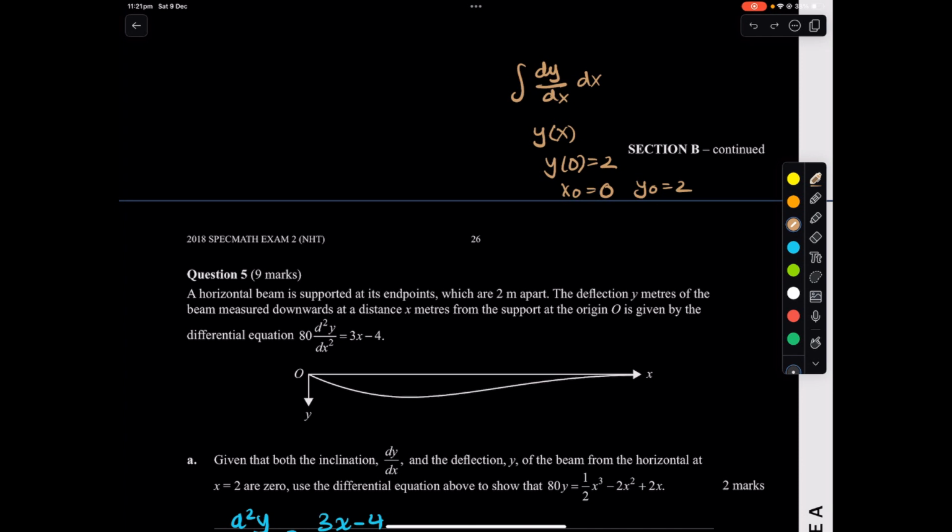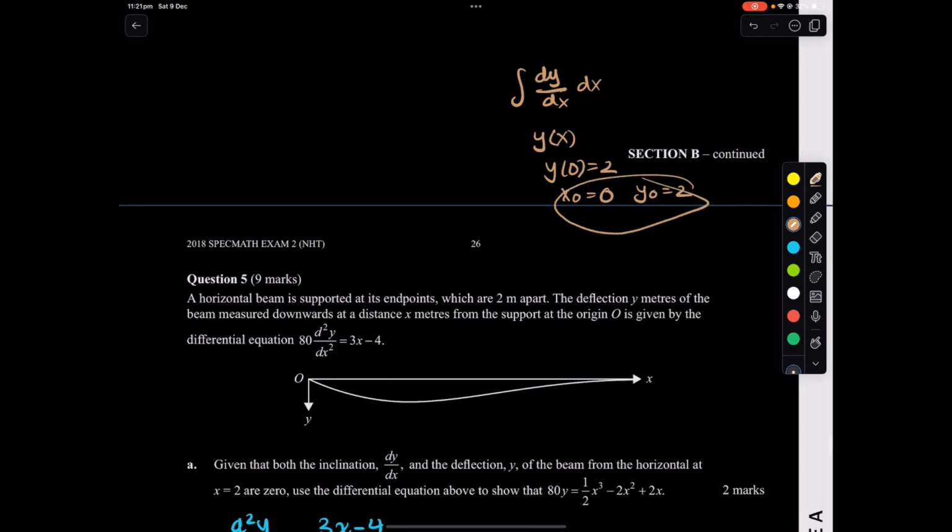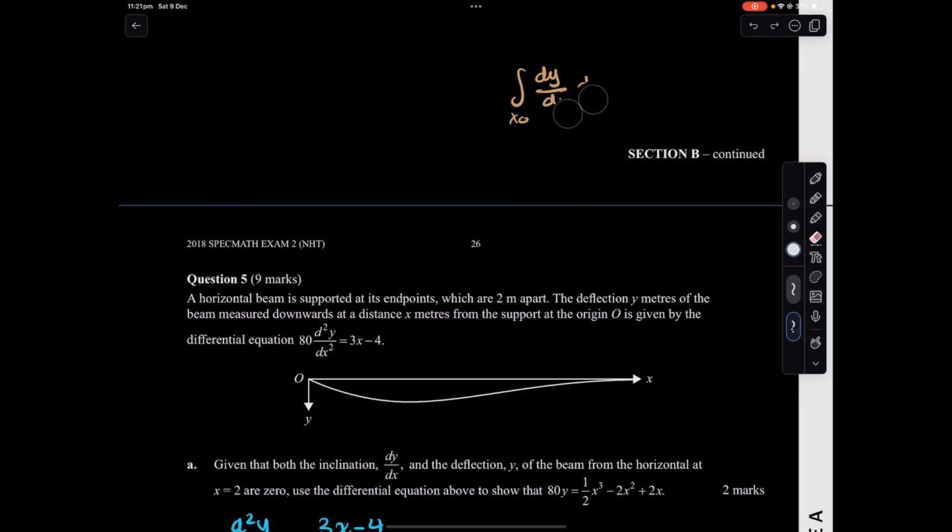So when I'm integrating, you know how I get that plus c and then have to sub in to find the value of c? I can do it all at once. You sub in x0 here, plus y0, and you're always subbing x here. This is an actual formula to do all the things at once, using your CAS calculator. So that's what I've just done there. And yeah, let's do that.